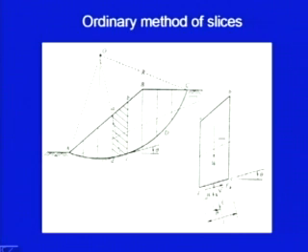For the sake of computations, we can take it to be a straight line from this point D to C. So, this particular slice has its own weight, and then it will have a frictional force at the base, and this frictional force will depend on the normal force here, and it also has water pressure. This is the phreatic line we have shown.